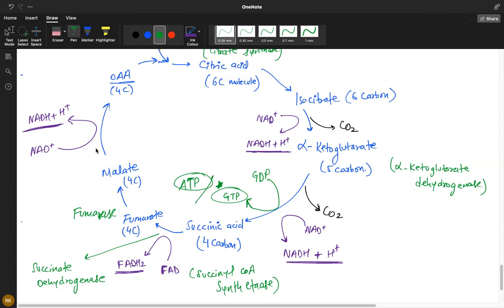Hydrogen is being removed from malate. Is it clear? Okay. So all the enzymes and all the pathways are clear.